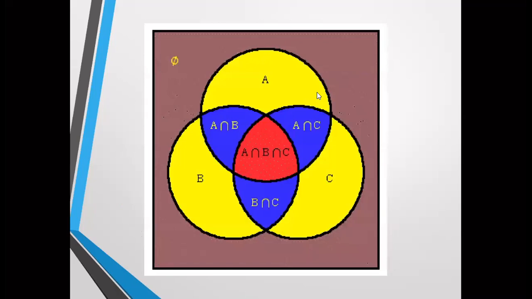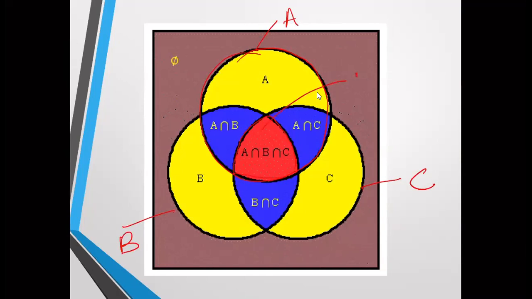So let's look at this Venn diagram. Now you have to identify these regions. This circle is represented by A, that is event A. Then event B, and this is event C. Now you can see there's a region with red color.